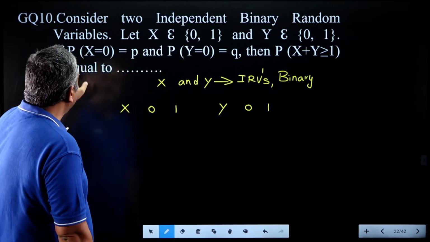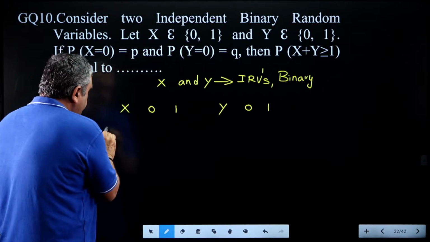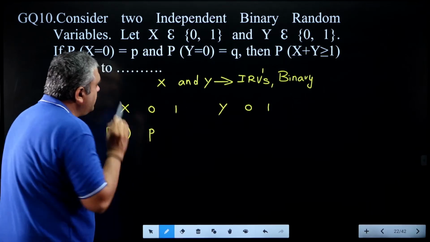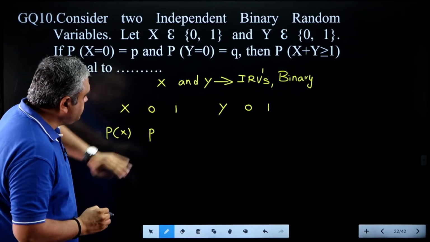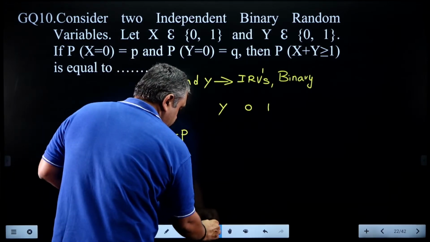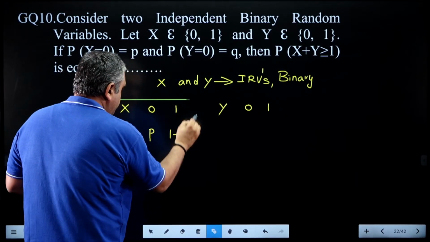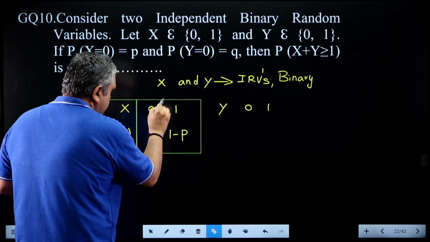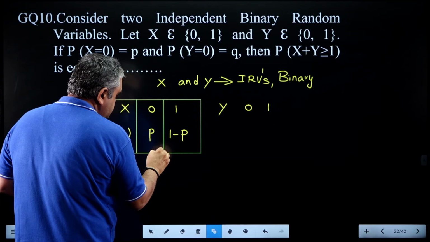Now, what is the data? Probability of x equal to 0 means what? P of x at x equal to 0 is p. Then obviously probability of x becoming 1 will become 1 minus p. Correct or not? I hope you are getting my point. Very simple to understand. Don't complicate the questions. Don't go into too many formulas.